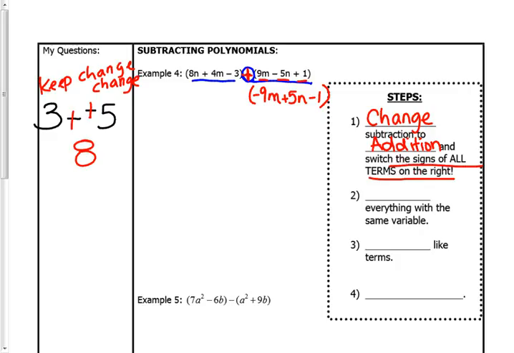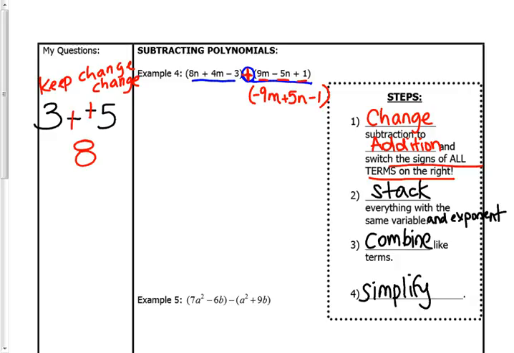So here we have now a new polynomial over here. Okay, so I'm going to then keep following with the steps. Like we did last time, we're going to stack everything with the same variable and exponent. Combine like terms by adding, and then simplify. So we have 8n in my first set of parentheses.